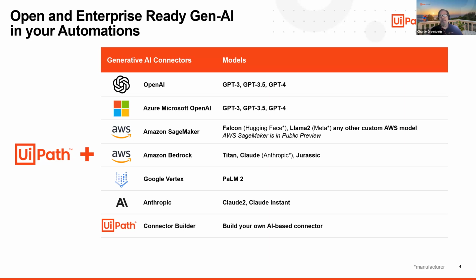These models, by the way, have been curated by UiPath for ease of use, and their APIs provide you the access to the activities you need in order to weave Gen AI into your automations.